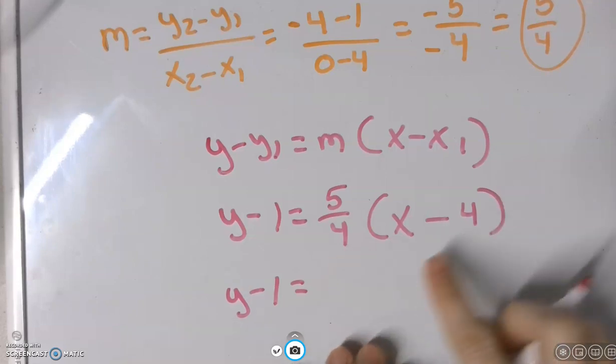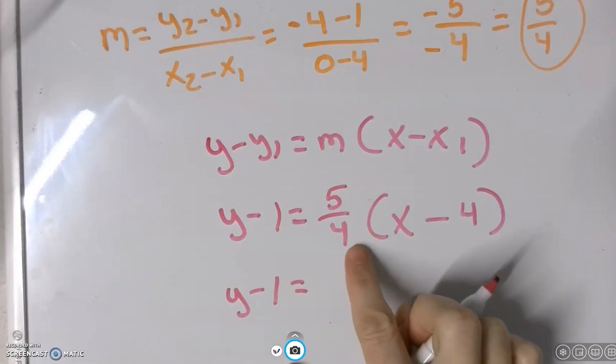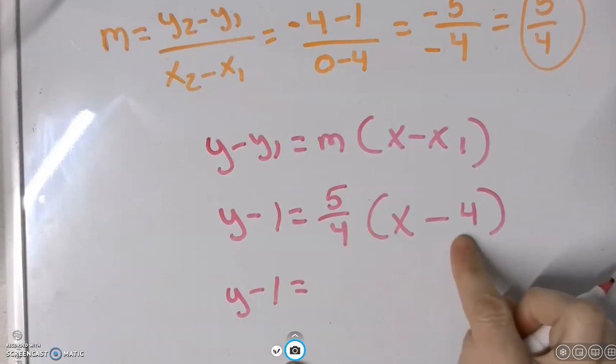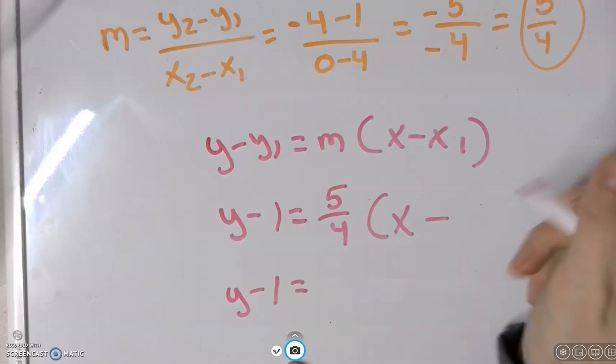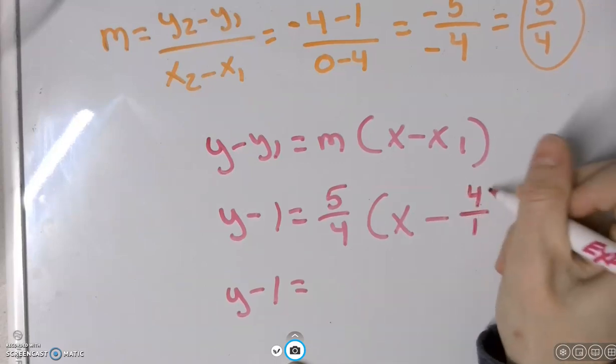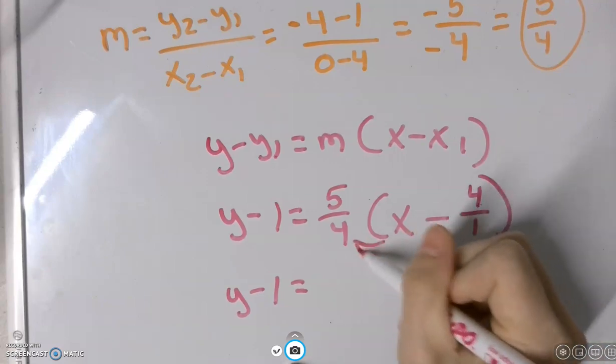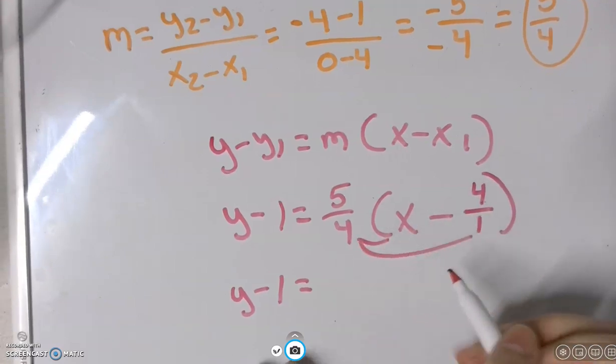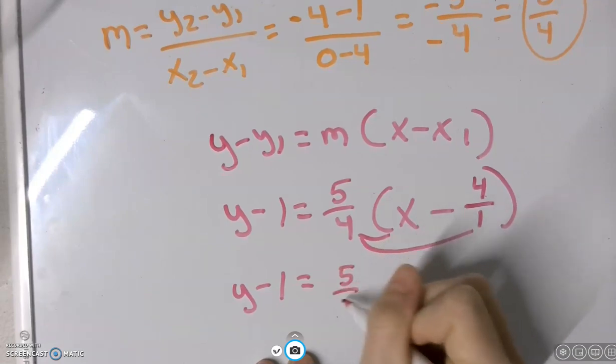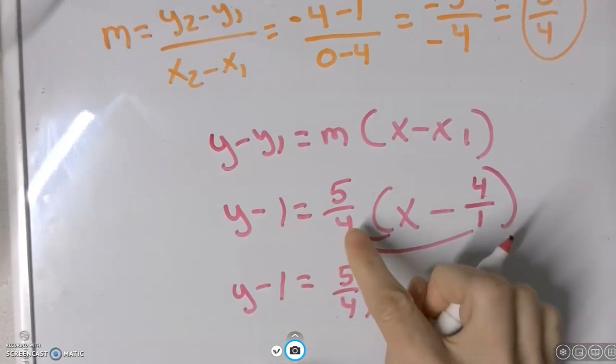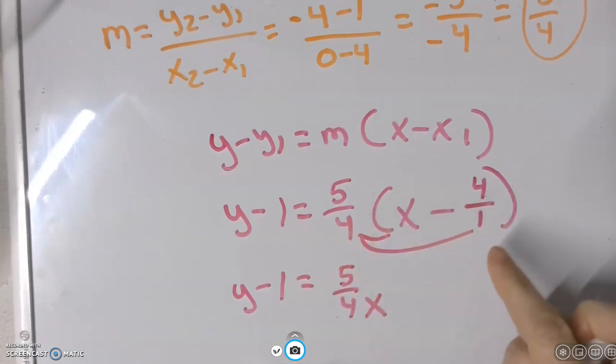Whenever I have a fraction on the outside and I'm going to multiply, this 4 I'm going to put over 1, because you always multiply fraction to fraction when dealing with fractions. So now I'm going to distribute this. 5 over 4 times x gives me 5/4 x, and then 5/4 times -4 over 1.